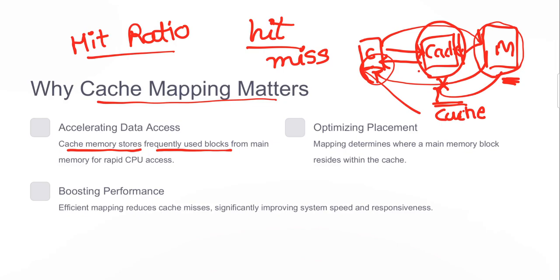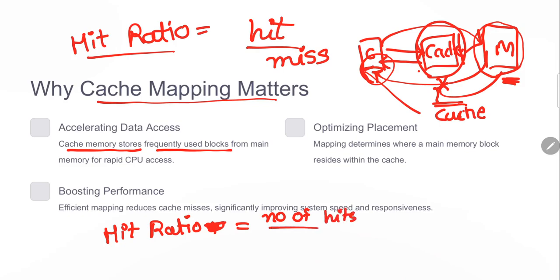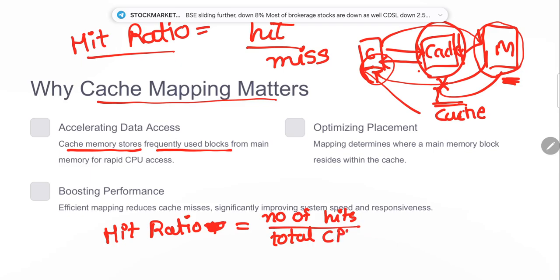The hit ratio is the number of hits divided by the total CPU references. I'll write it over here: hit ratio equals number of hits divided by total CPU references.